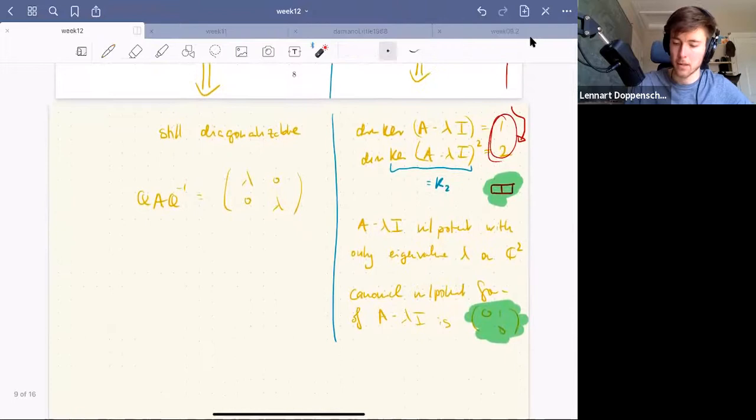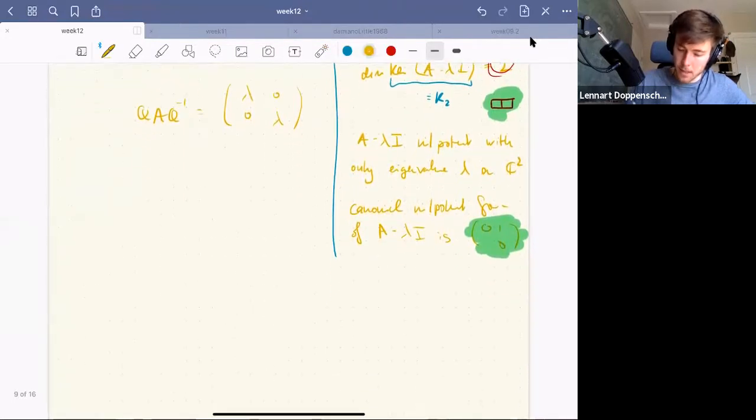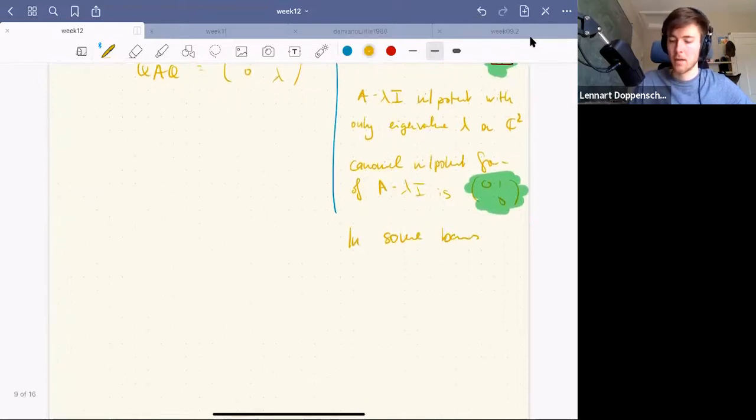We just did exactly that computation. And this means that in some basis, in exactly that canonical basis for A minus lambda I, A is equal to the Jordan block with lambda on the diagonal and 1 above.